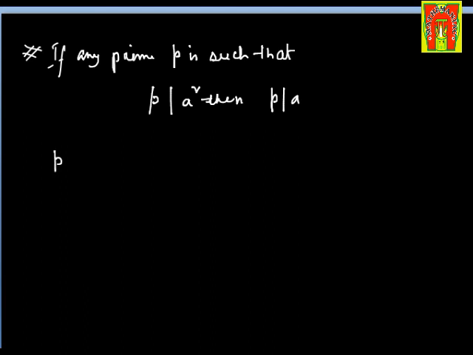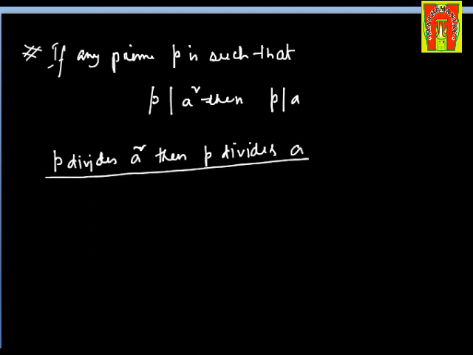I can write this in a sentence: if p divides a square, then p divides a. Very important result, right? Now, let us try to discuss what we understand from here first.